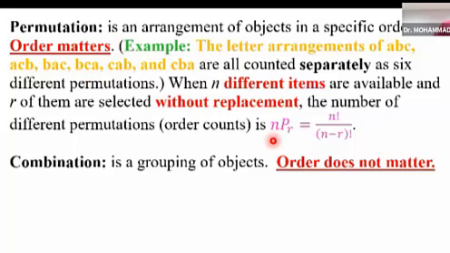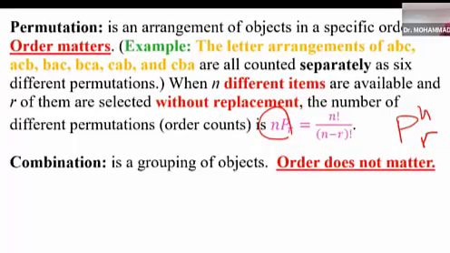Now, there are different ways of writing the formula, by the way. They may write it in this fashion, or they may write it as PnR, and it's n factorial over n minus r factorial. When we look at n, in general, n factorial, let's also discuss that.